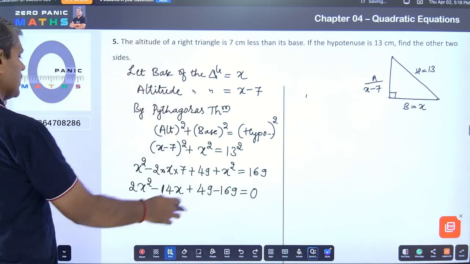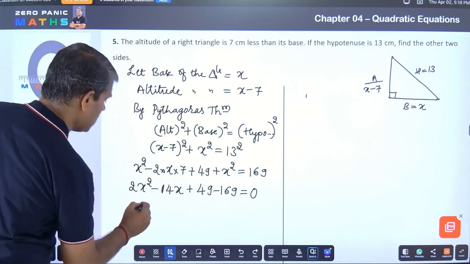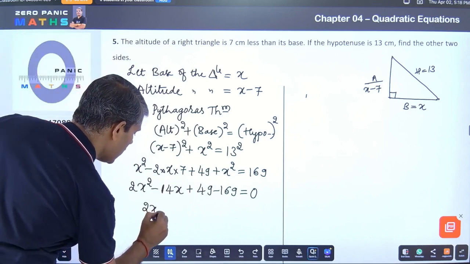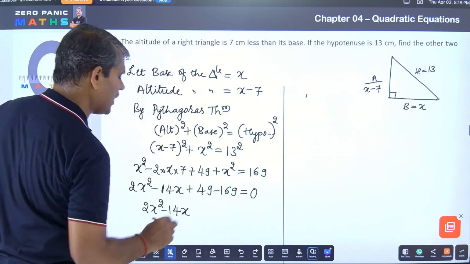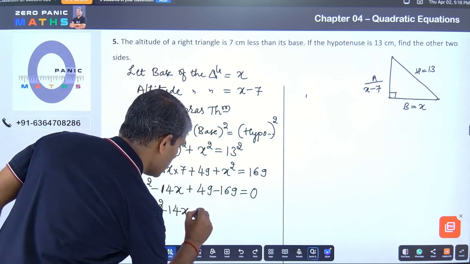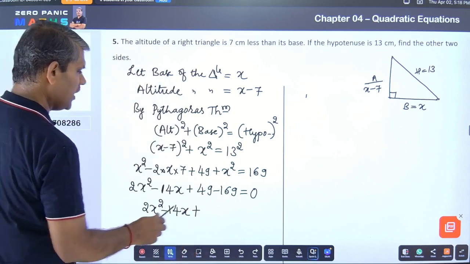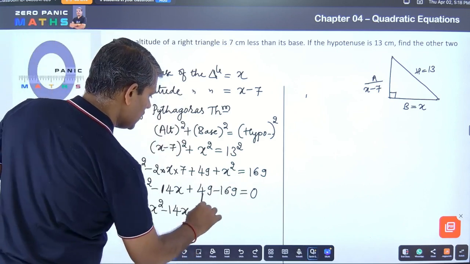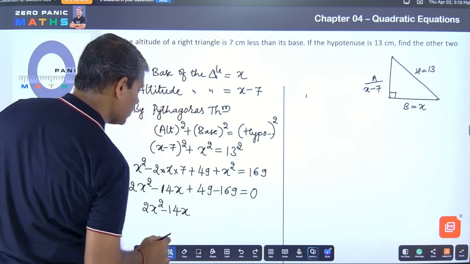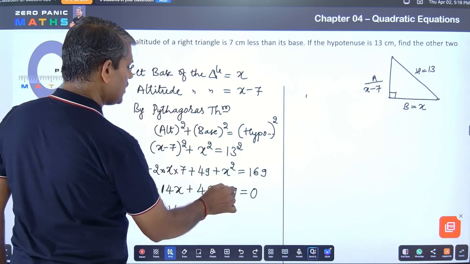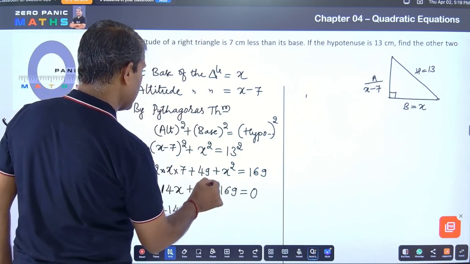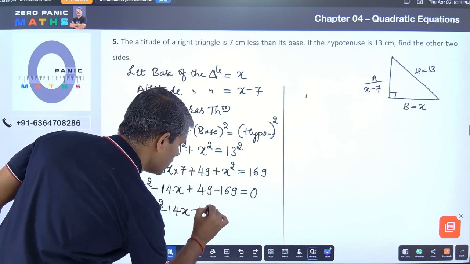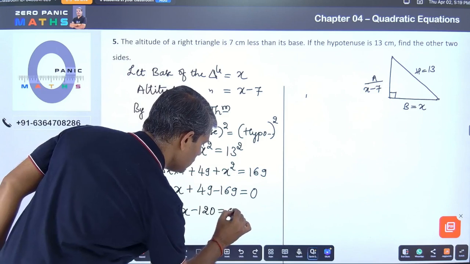Subtract 49 from 169, that is 120, so minus 120 is equal to 0.